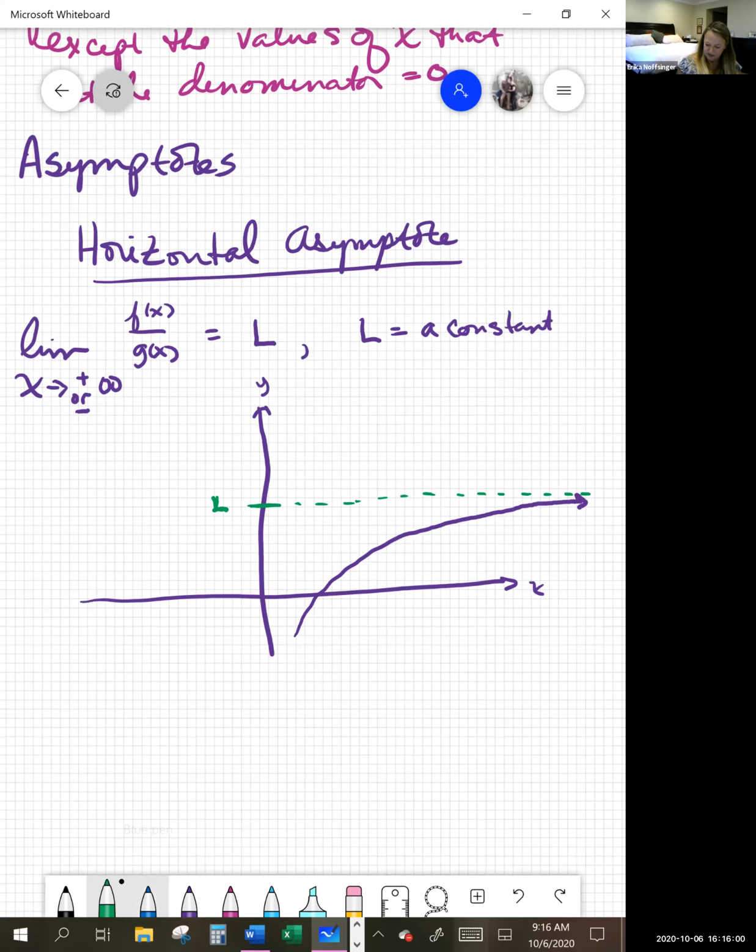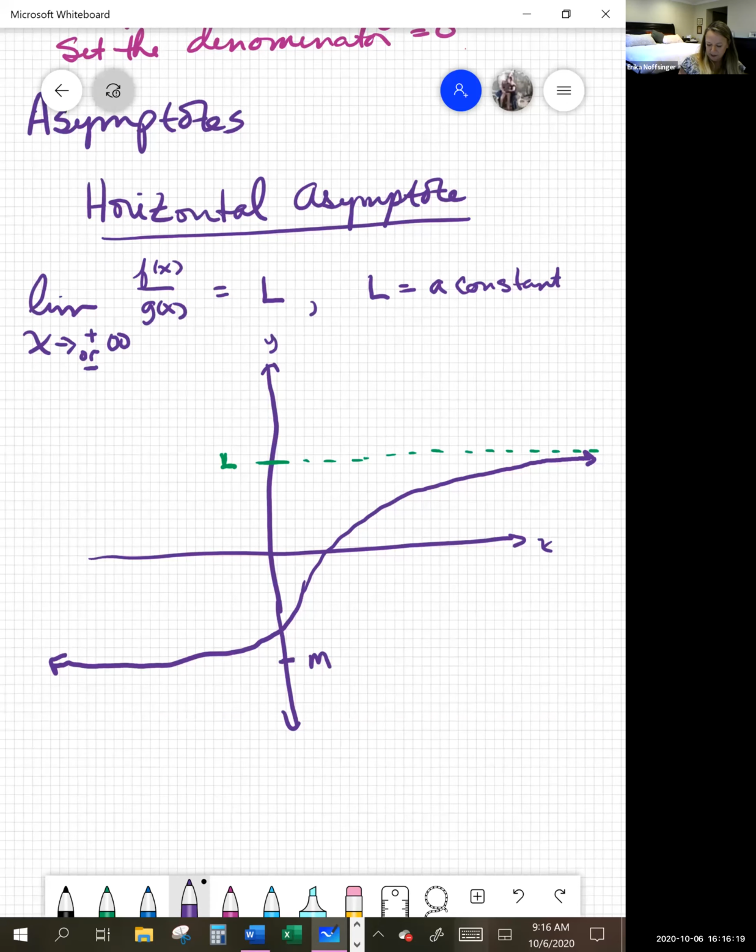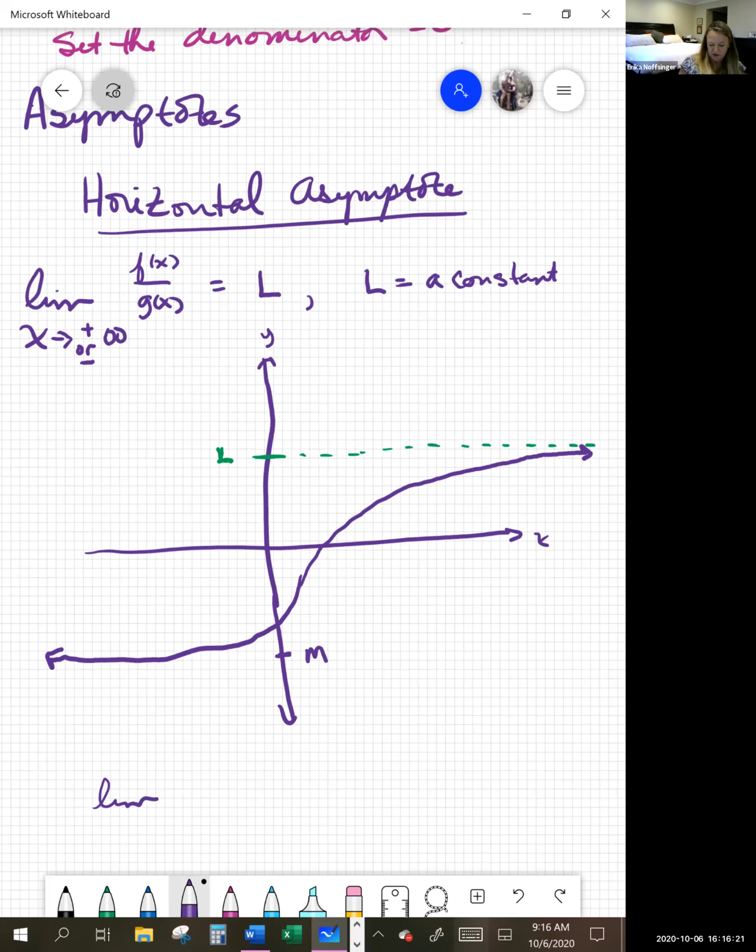So you might have something where, who knows, it could come down like this, and then as x is going to negative infinity, it's hugging another value. So let's call this maybe n. Notice here, as the limit as x is going to negative infinity, the y value we're getting closer and closer to is n.